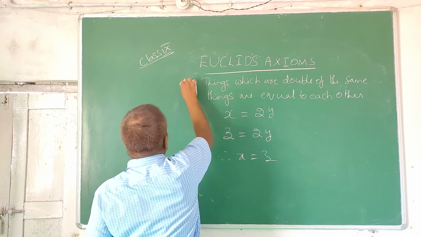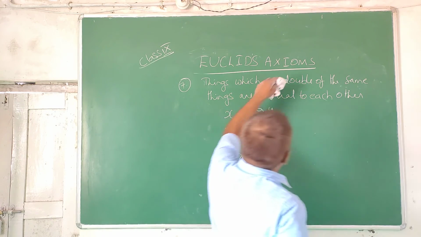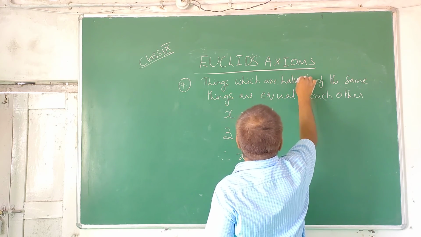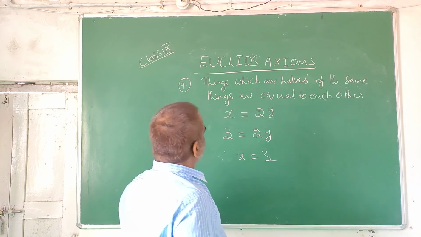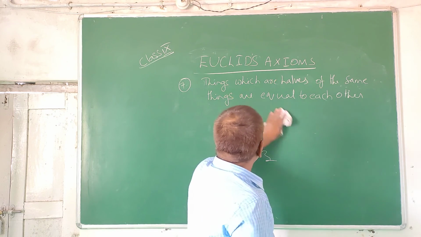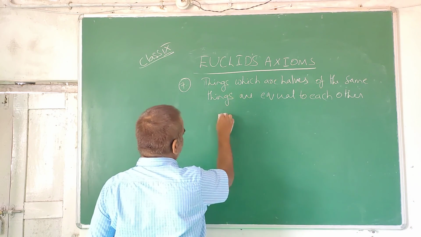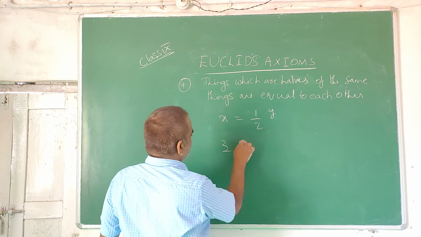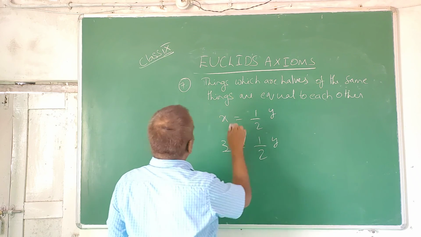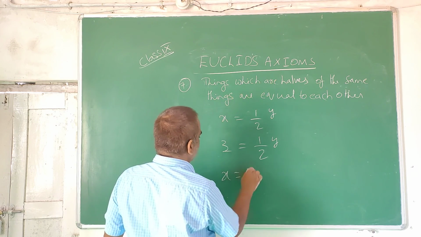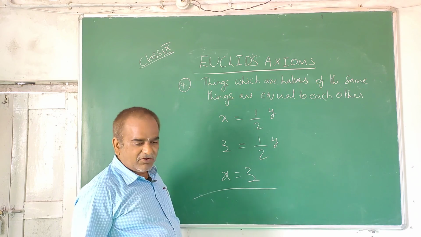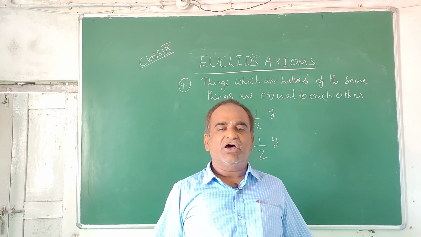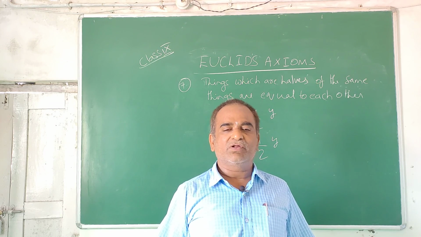The seventh axiom is: things which are halves of the same thing are equal to each other. Same example, if you take, suppose X is half of Y and Z is also half of Y. Then according to Euclid's axiom, X would be equal to Z. So these are the 7 Euclid's axioms which are available in Euclid's geometry.